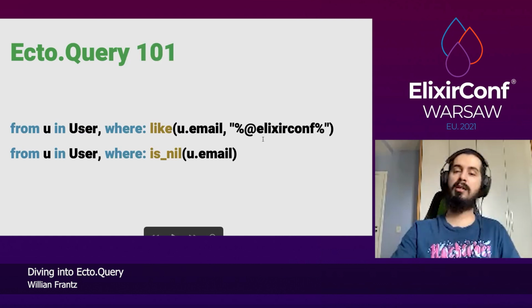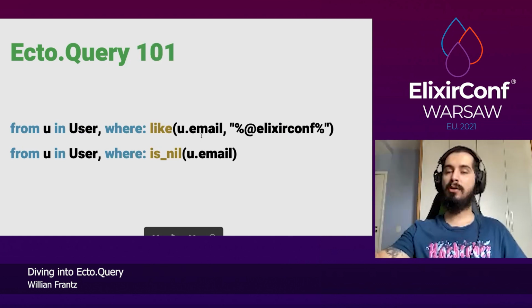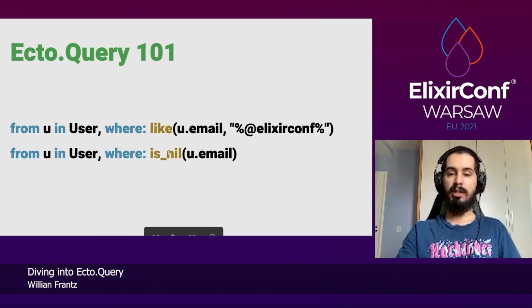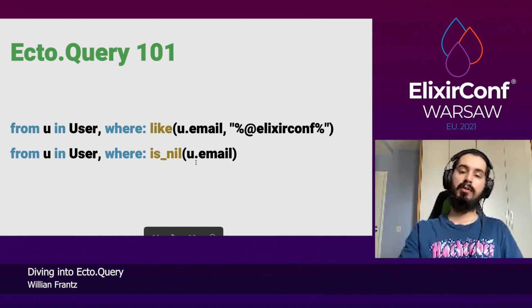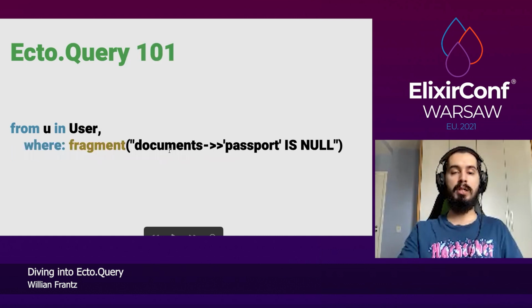So I am applying the @ElixirConf compared to the user's email, and I will select pretty much all the users that have the ElixirConf provider email. Or let's say I want to select all the users that don't have an email, for example. So I want is_nil email. So we could use these helpers to build a complex query as well.